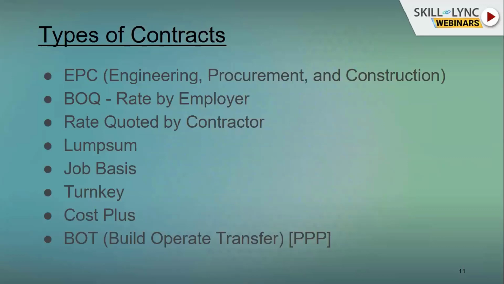So to proceed further, I have mentioned the 5 to 6 types of contract we deal with in our construction industry. One day an employer or a CEO of a company says, for example, I would like to establish my 20,000 square feet commercial office, and I don't know anything about the engineering aspect of an office.